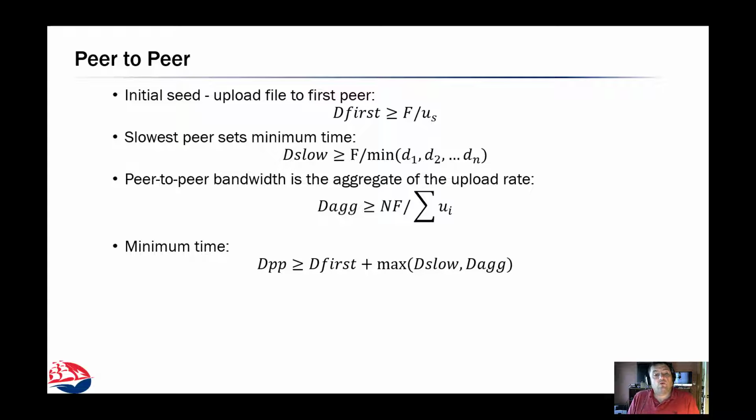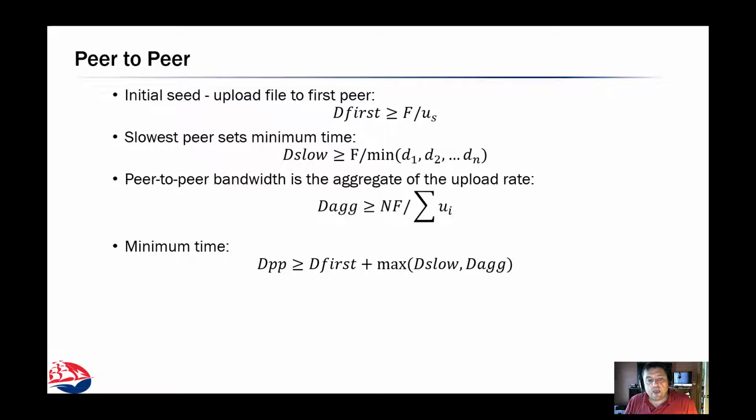So here what we're saying is, let's say I have one peer with FiOS 10 gigabit fiber at home. I can just suck down from all of the peers as fast as possible. And so that's going to be the aggregate upload rate.